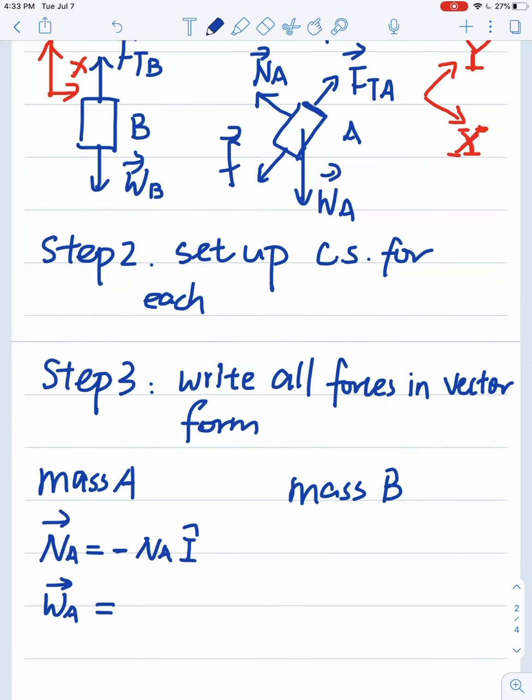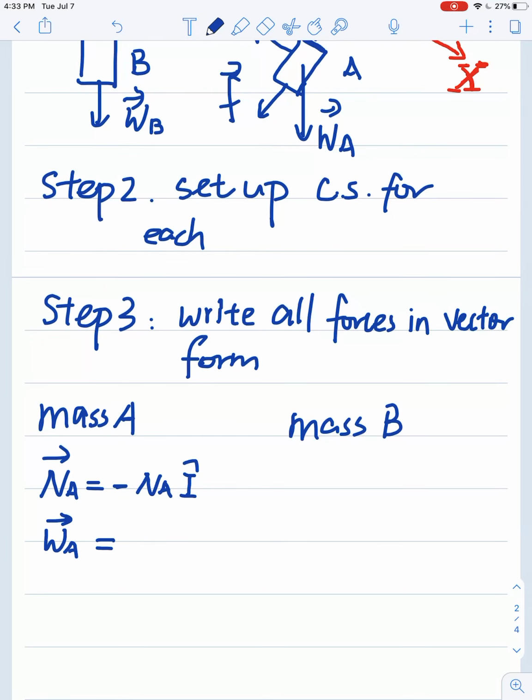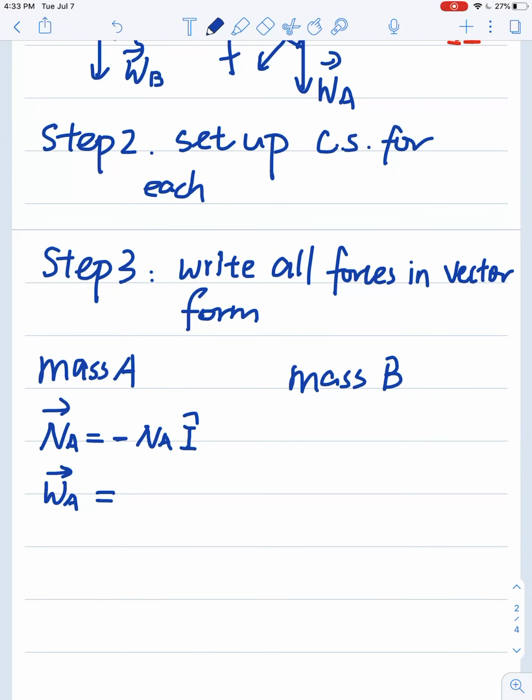So here, since we know the angle, we know the angle of the force, right? This is our x direction and our y direction. This is the weight force WA.